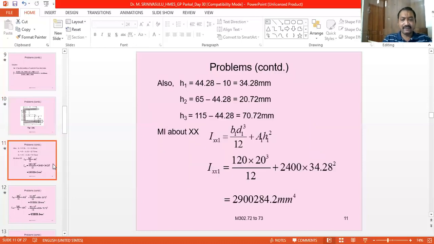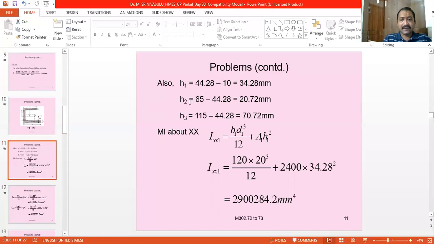Now the next one is we have to find out hy1, hy2 and hy3. Here hy1 is nothing but the difference between y1 and y bar. Whichever is more, we should subtract the lower value from the higher value. Here y bar is more, so 44.28 minus 10, that is y bar minus y1. So this is 34.28 millimeters.